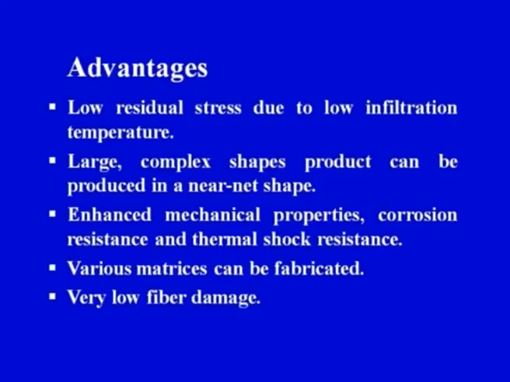Large complex shaped products can be produced in near net shape. Whatever final shape we want, we can make a preform of that particular shape, and then we can pass the gaseous reactants through that shape. The solid material would be deposited on the fibers, and finally we will get a very complex shape.